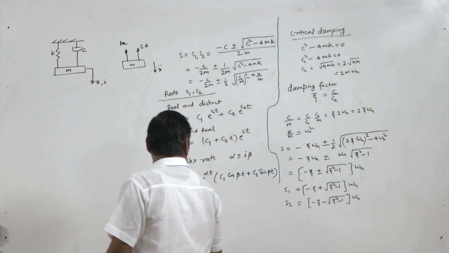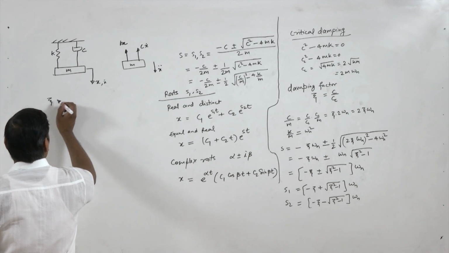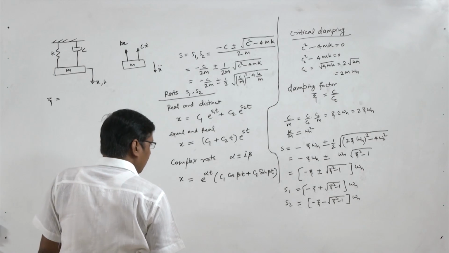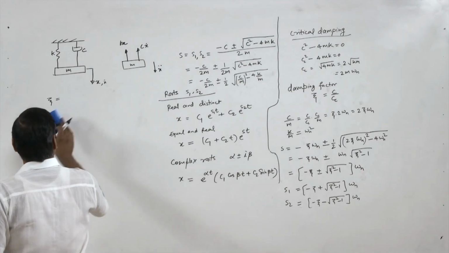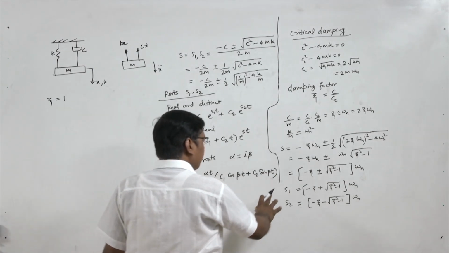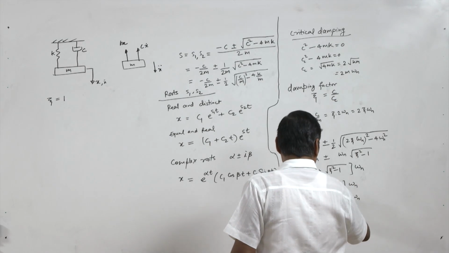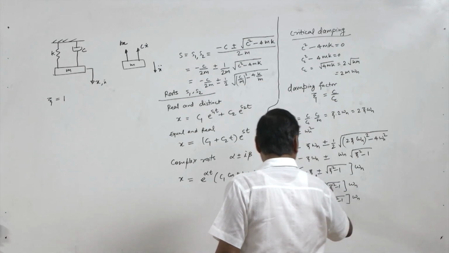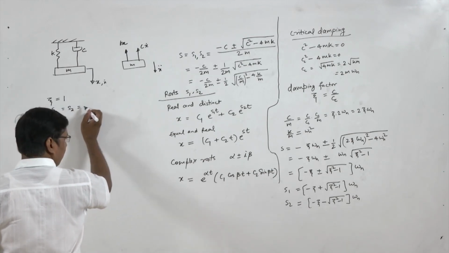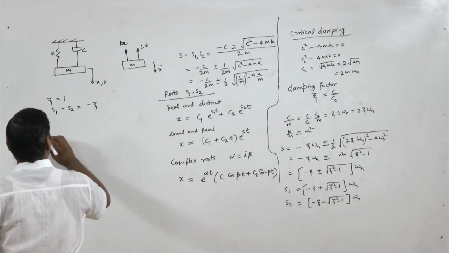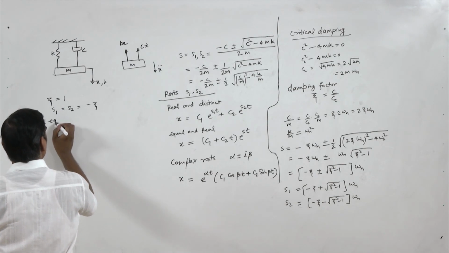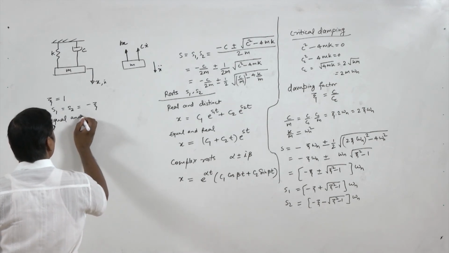Now here if we have zeta equal to 1, so this is 0, this is 0, we will have S1 equal to S2 equal to minus zeta omega n. So it means we have equal and real roots.